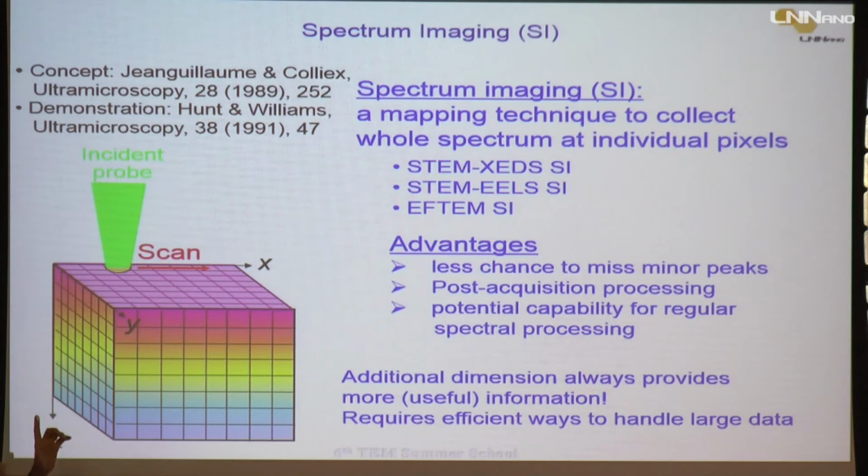You choose the size of your image, let's say 20 by 20 pixels. In our instrument, it's conventional to use 24 by 24. Then you stop your beam for a specific amount of time in each pixel, and in each pixel it will acquire a complete spectrum, okay?